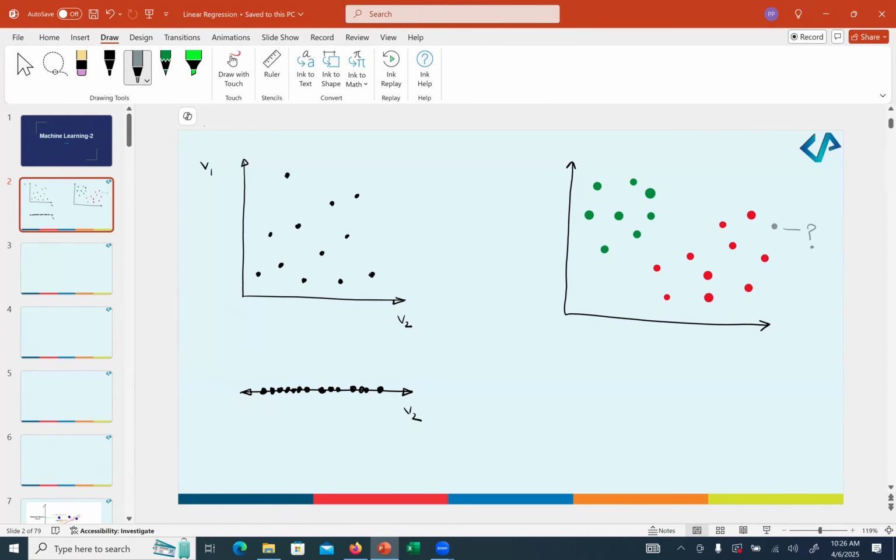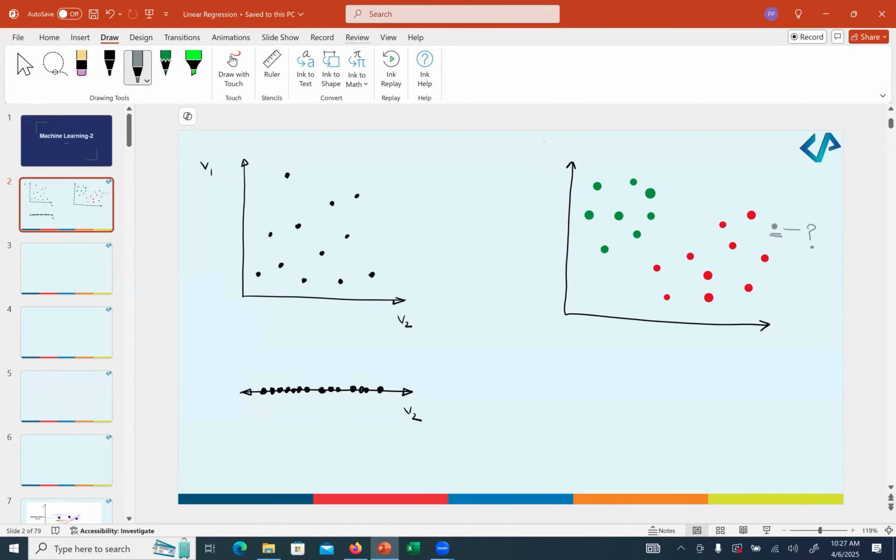Red, because it is closer to the red points. All the points that you see around this particular point are red points, and that's why I can say that most probably this point is red. How am I able to make that comment? By looking at the points around it. Because a lot of red points are closer to this one, I can say that this point is also going to be red.